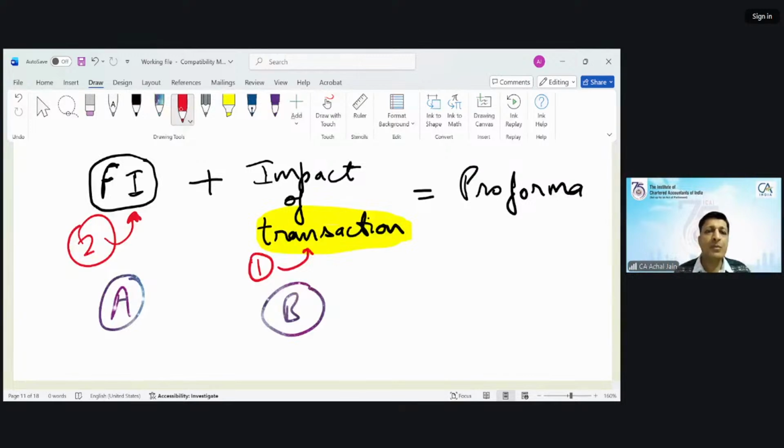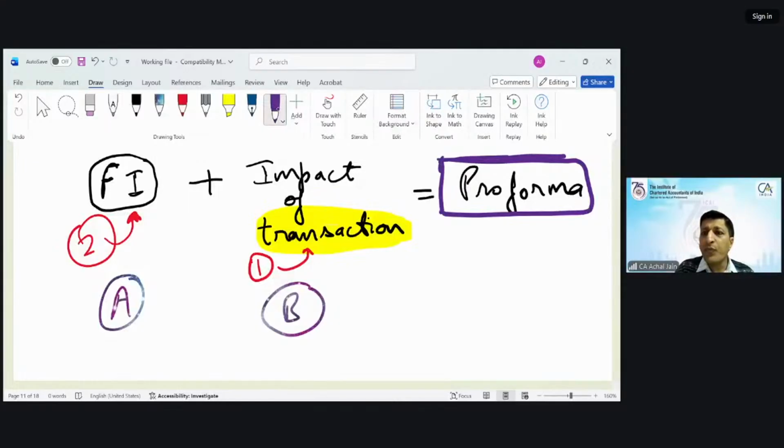That will also play an important role. So this is how you will approach this, and that is how you will achieve this pro forma. Clear on this?